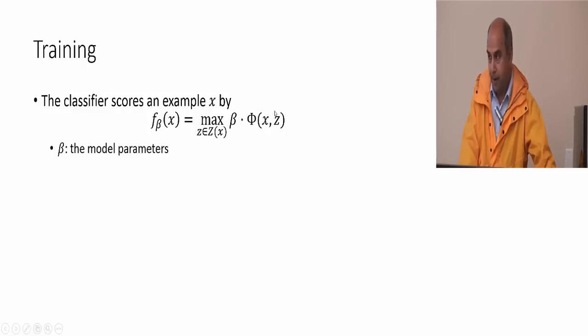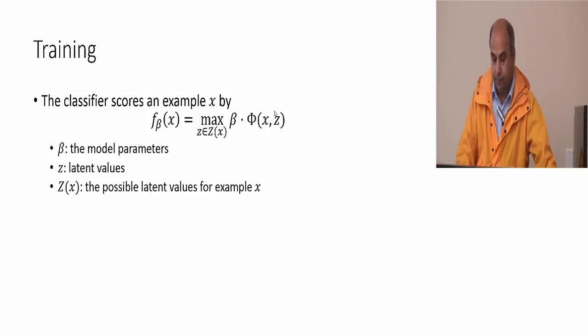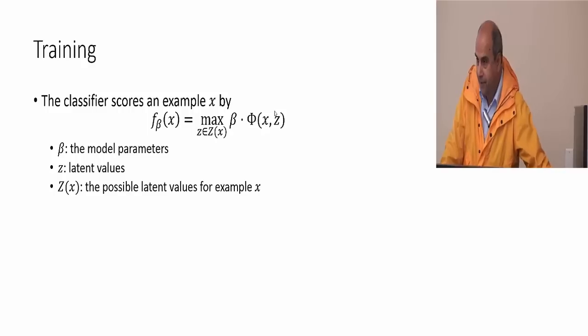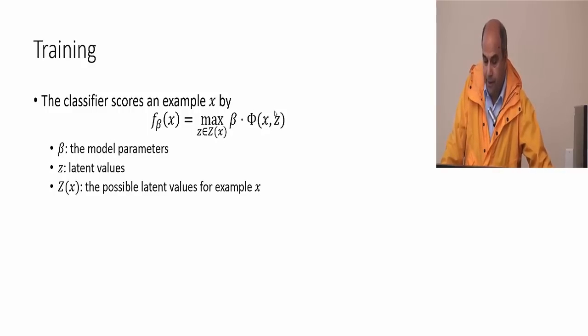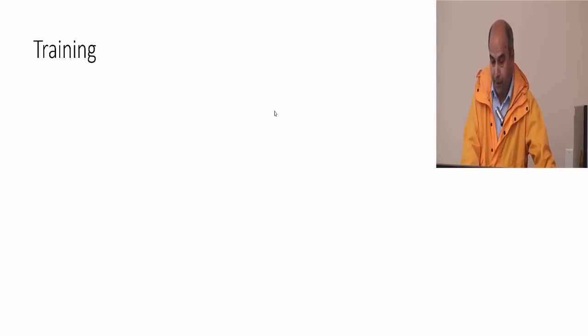Beta is the model parameter, that's what we want to find. Z is the latent variable. Z(X) is the possible latent values for template, for example X. It can be anywhere. There are lots of possible places, we don't know. We want to find them.